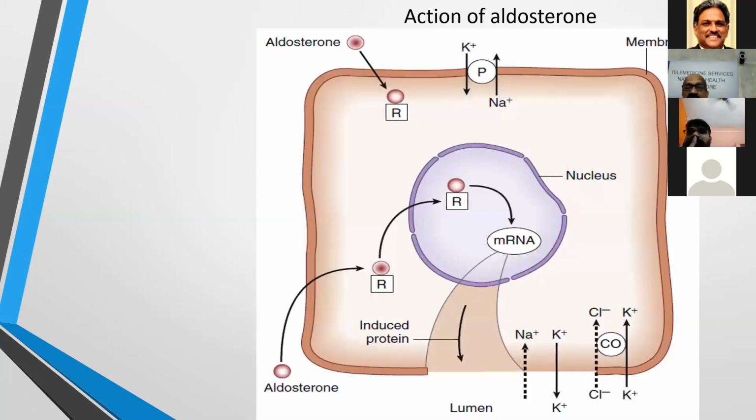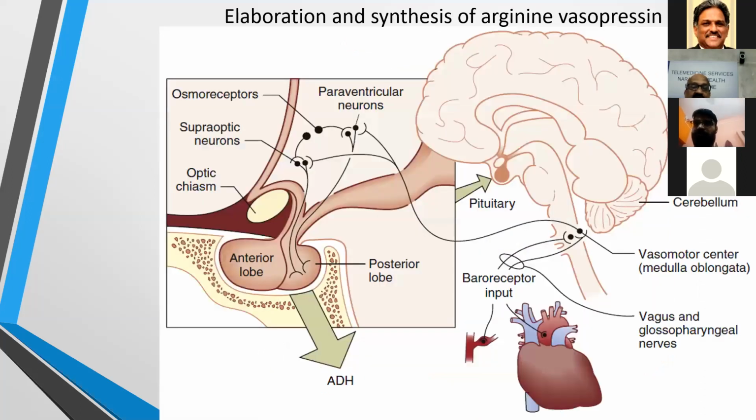So this is how it acts: on the distal tubular cytoplasm, it attaches to a receptor, then migrates to the nucleus, where it induces the formation of messenger RNA, which induces the synthesis of protein that enhances the permeability of the apical membrane to sodium and potassium, leading to reabsorption of sodium.